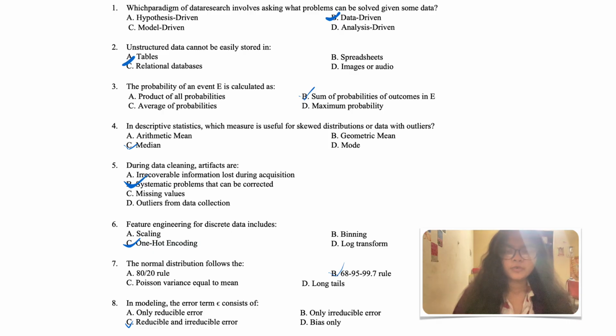In one hot encoding, suppose we have categorical data, a column of place, with options like Patna, Indore, Bhopal.